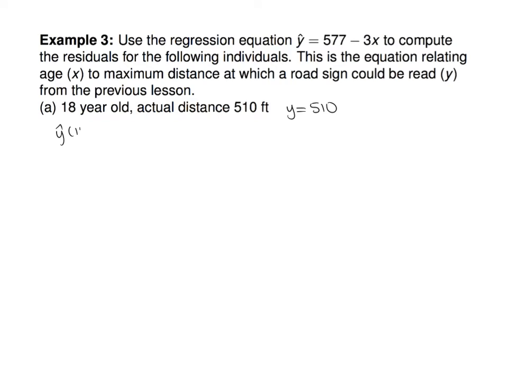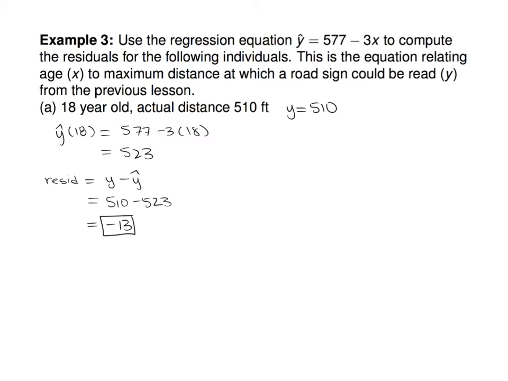So y hat for an 18-year-old is going to be 577 minus 3 times 18, which is 523. So the residual is y minus y hat, or 510 minus 523, which is negative 13.